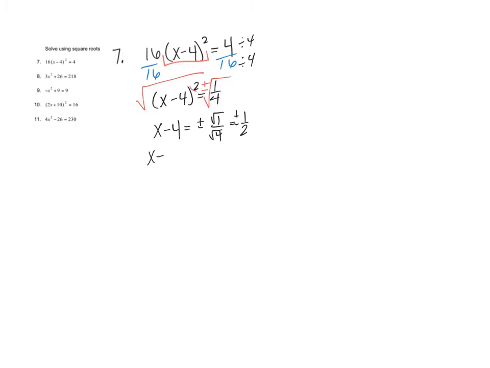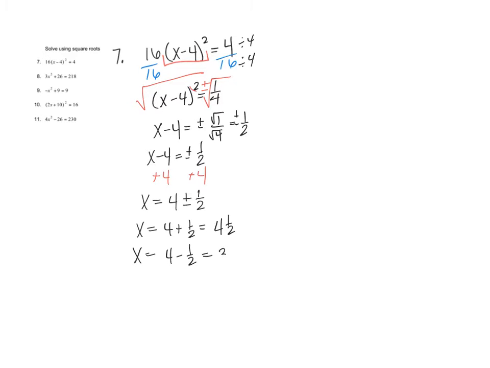So I have x minus 4 equals plus or minus 1/2. And then we can add 4 to both sides. So x equals 4 plus or minus 1/2. And so that's x equals 4 plus 1/2, which is 4.5. And x equals 4 minus 1/2, which is 3.5.